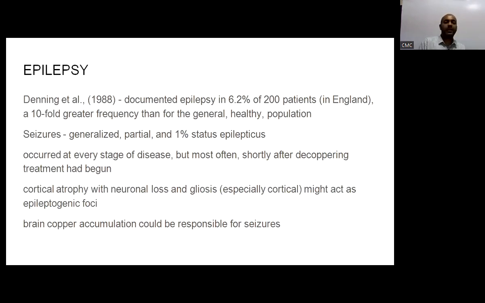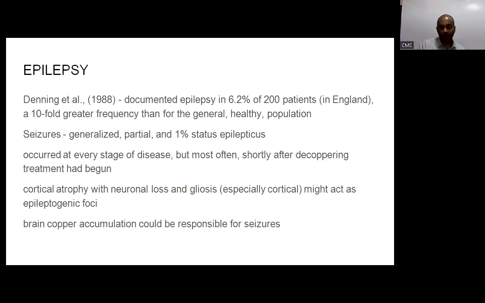Now, epilepsy is also seen in Wilson's disease. It has been documented in a study that 6.2% of patients can have epilepsy. It can be generalized seizures, partial seizures, and can also present as status epilepticus. It occurs at every stage, but most often it is seen after the chelation therapy has been started.